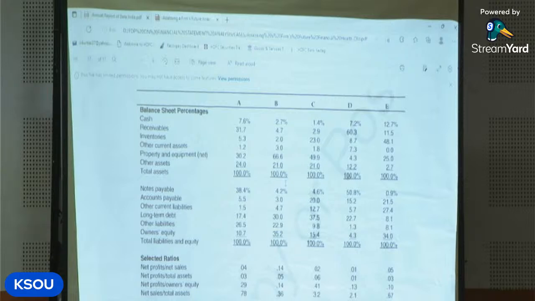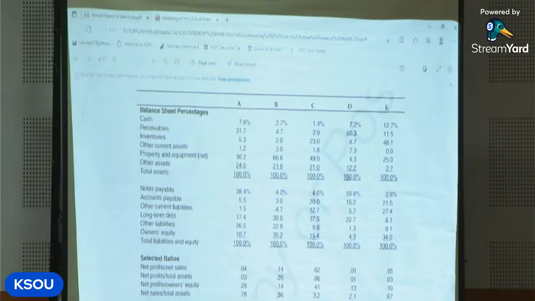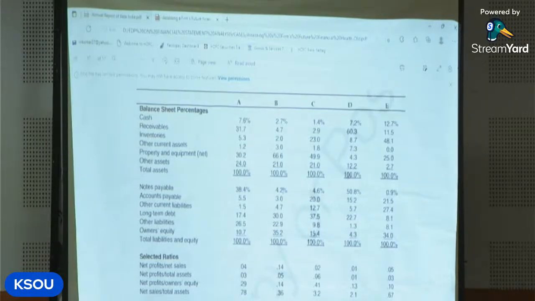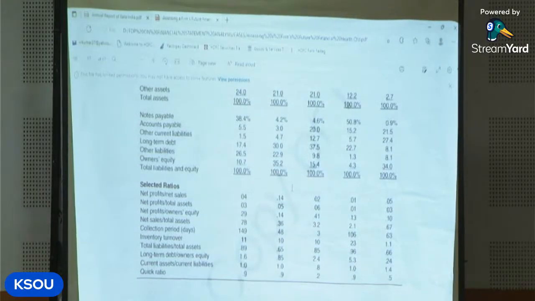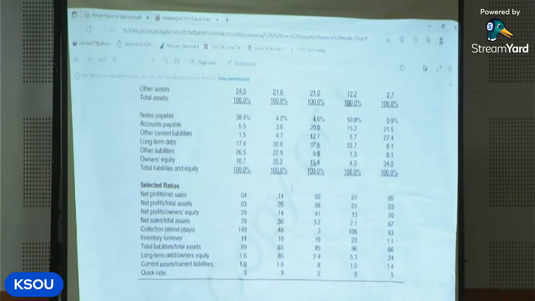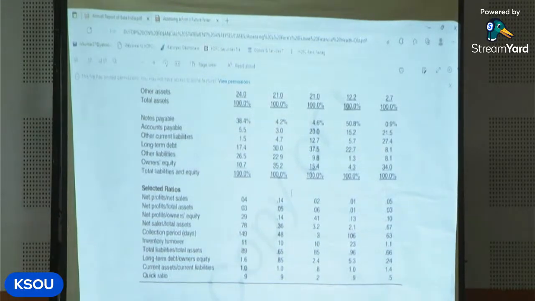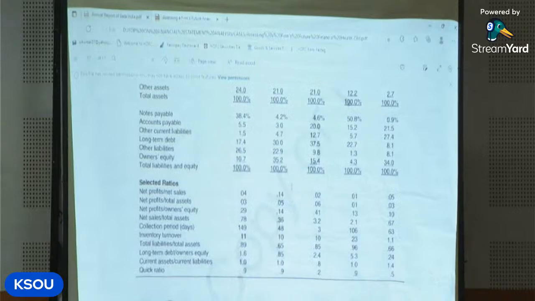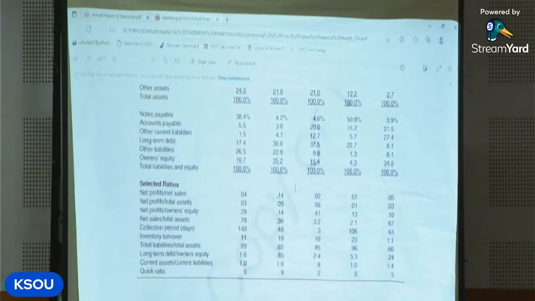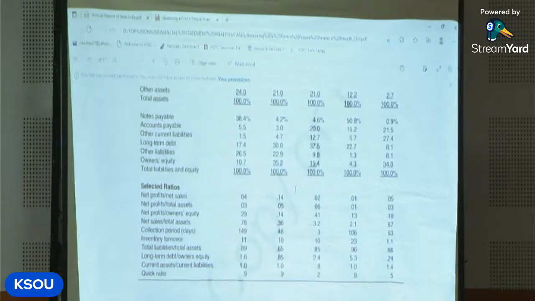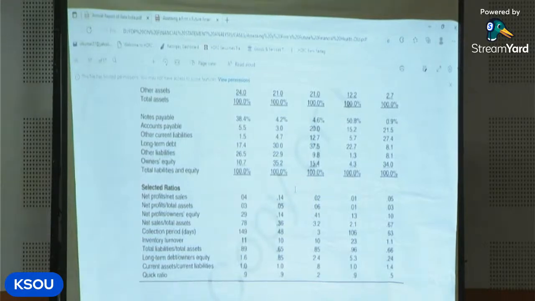So, less receivable, C, supermarket. That's a very right interpretation. Dr. Balaji, what was your interpretation? Which one? Okay. Any other answers? And the reason?